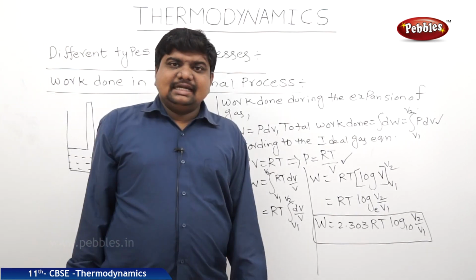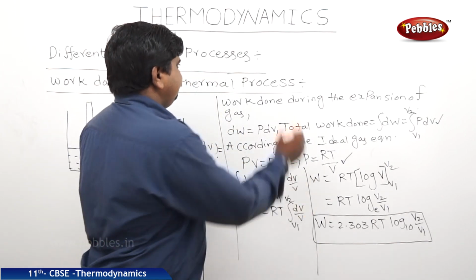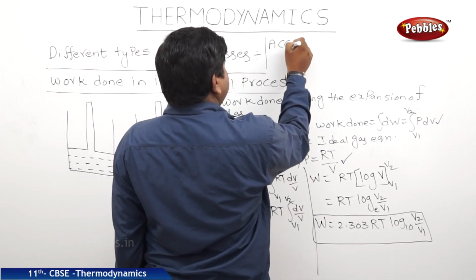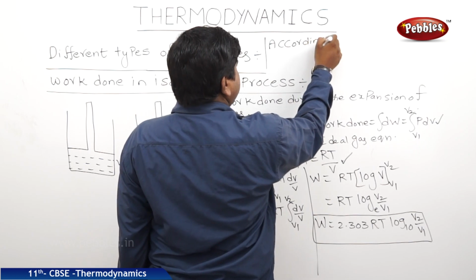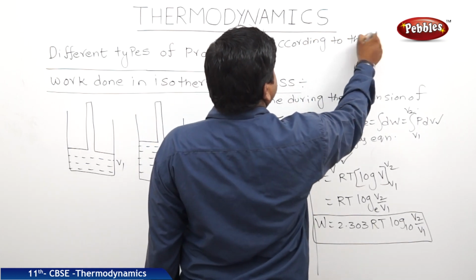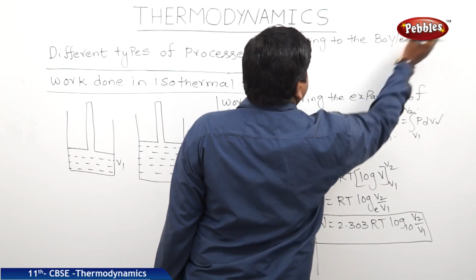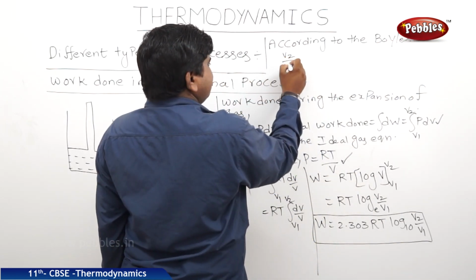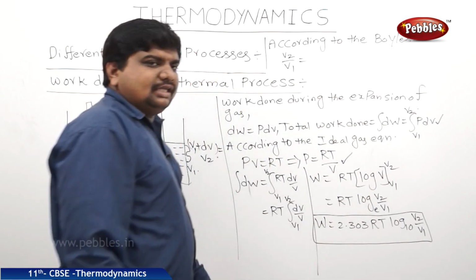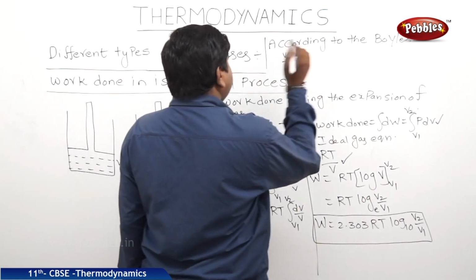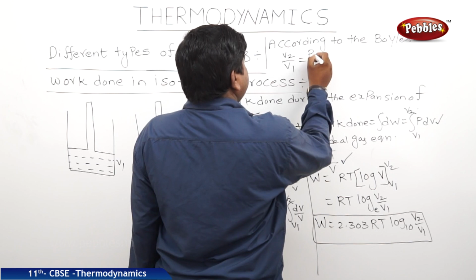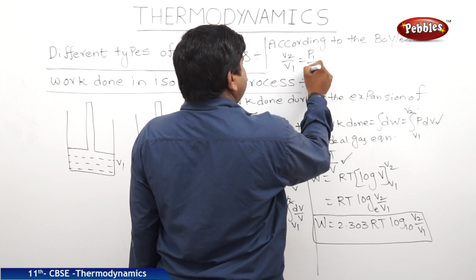But we know that according to the Boyle's law, V2 by V1 is equal to P1 by P2.